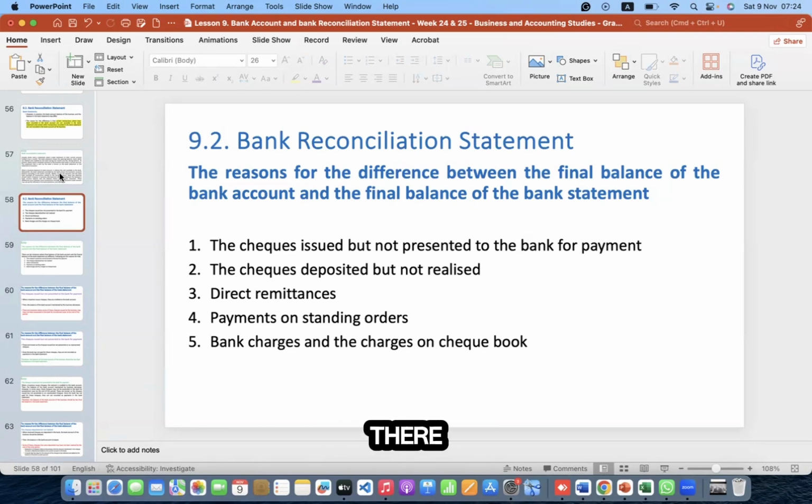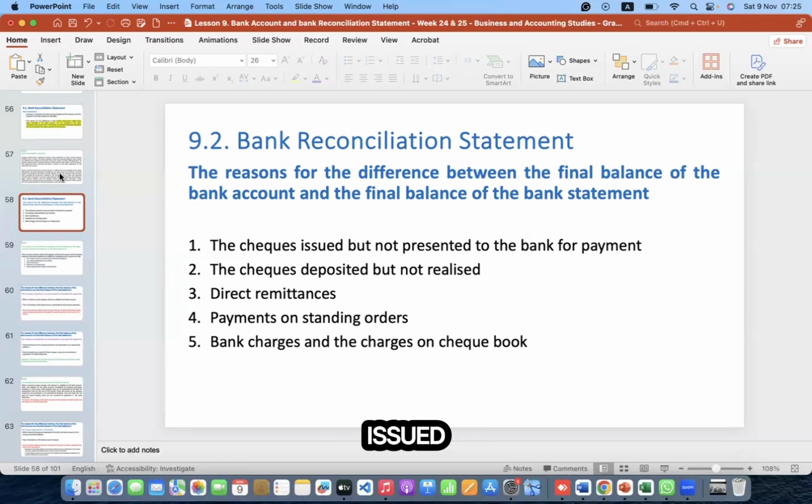But practically, there could be some instances where these two balances are different. Now we are going to figure out why these two balances are differing. So there are different reasons for the difference between the final balance of the bank account and the final balance of the bank statement. Okay, there are five in particular that we are going to learn.